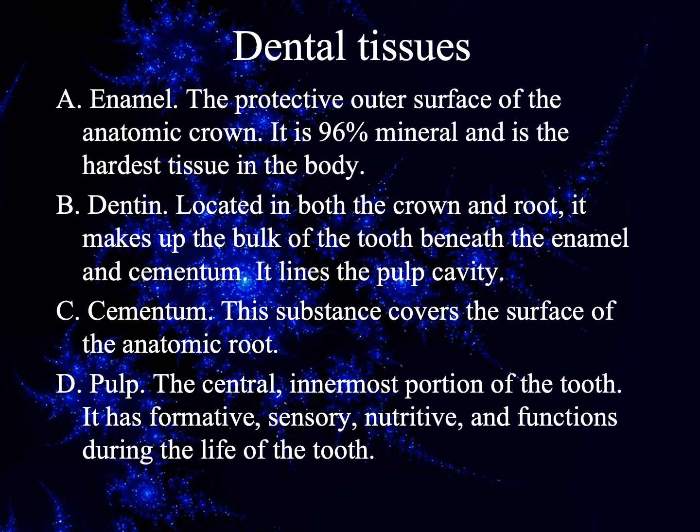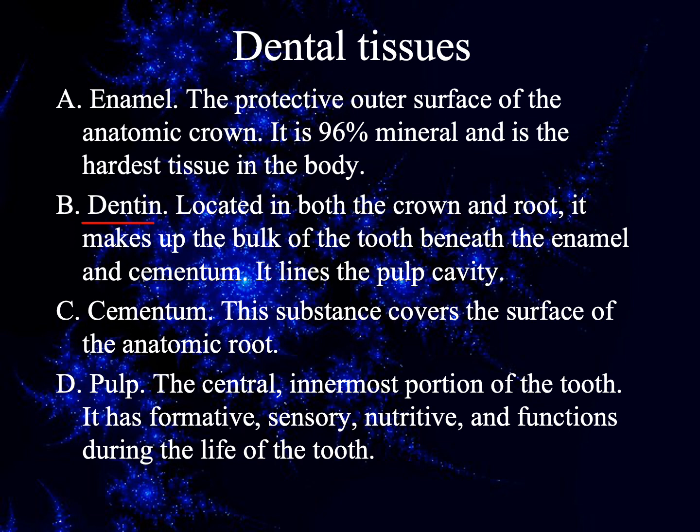The dental tissues are first the enamel, which is the protective outer surface of the anatomic crown. It's 96% mineral content and is the hardest tissue in the whole body. The dentine, which is located, as I have already explained, in both the crown and the root and makes the bulk of the tooth beneath the enamel and the cementum.